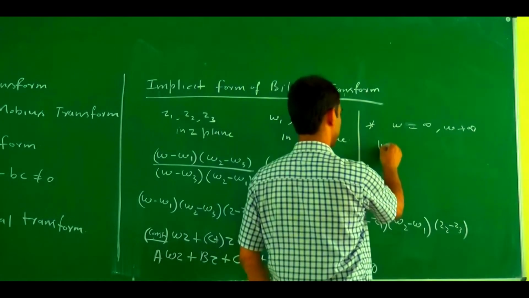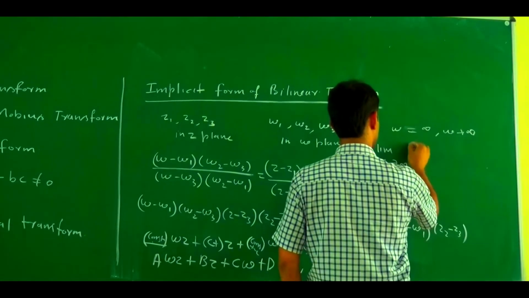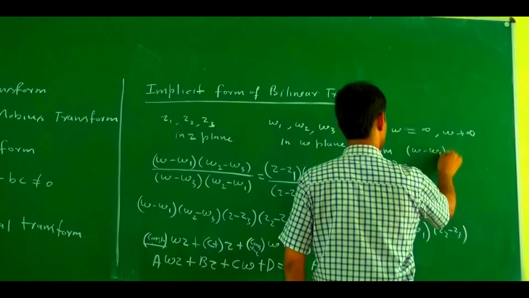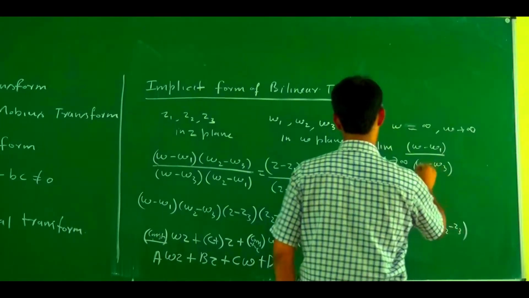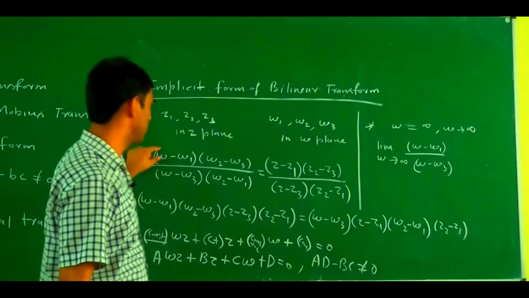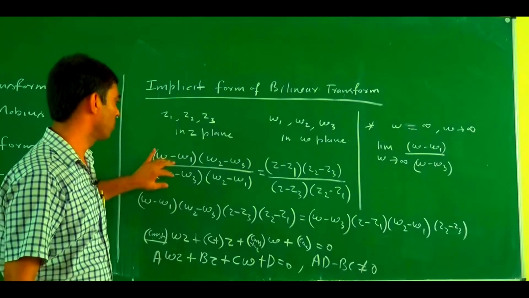So we take the limit as W tends to infinity of (W minus W1) divided by (W minus W3); we include only those terms which tend to infinity.